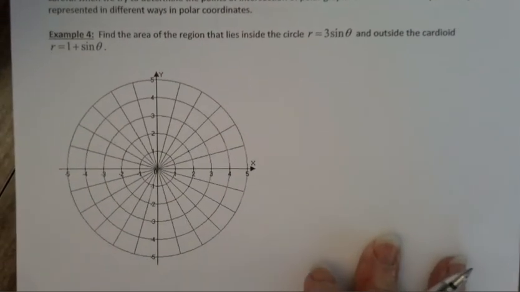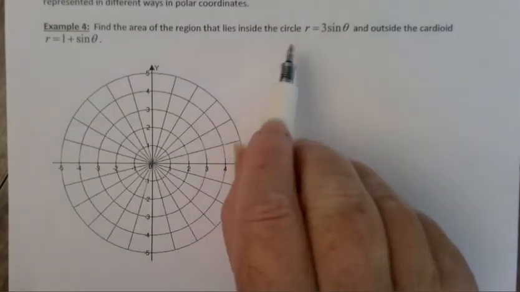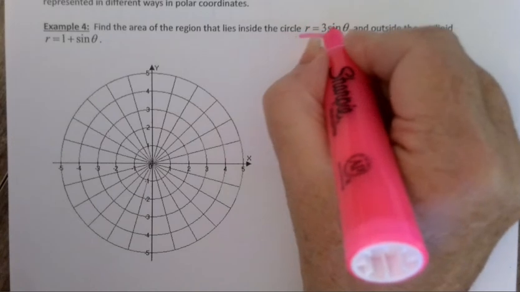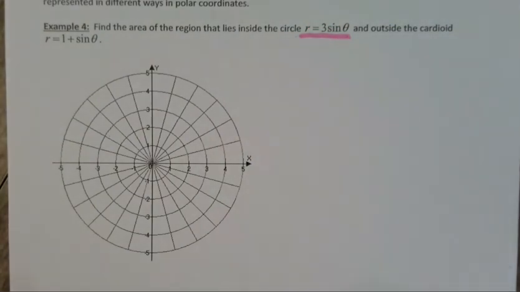I'd like to find the area of the region that lies inside the circle, r equals 3 sine theta. And we can do this on our calculator.